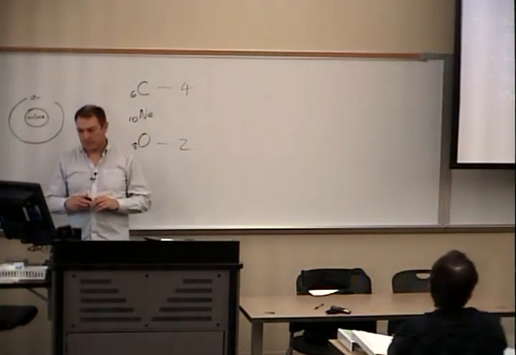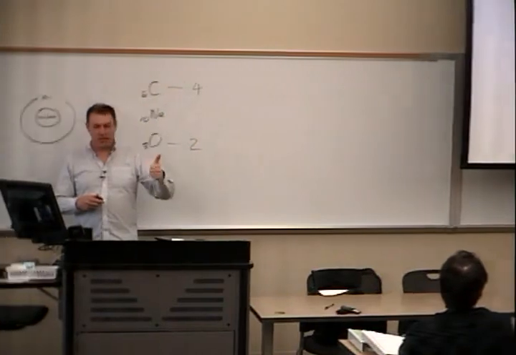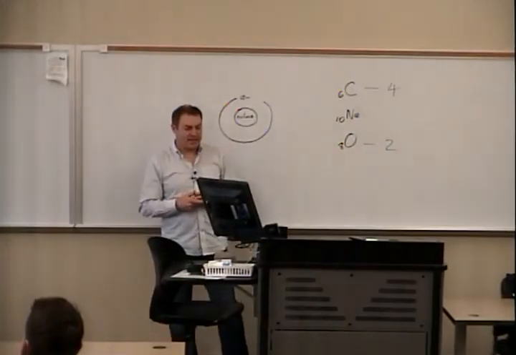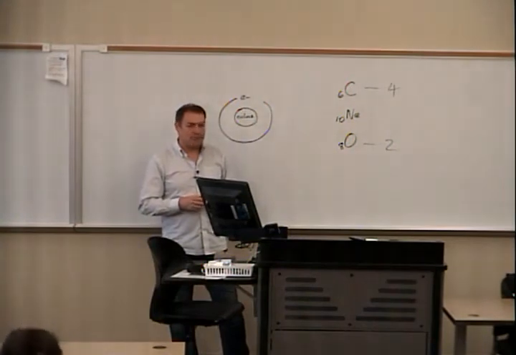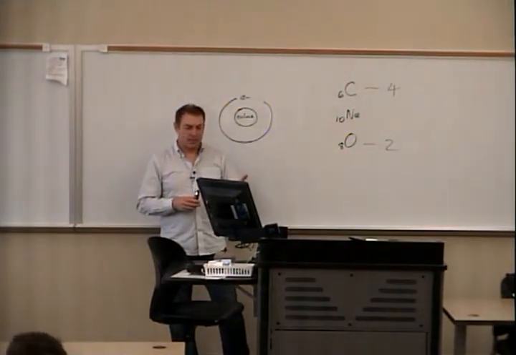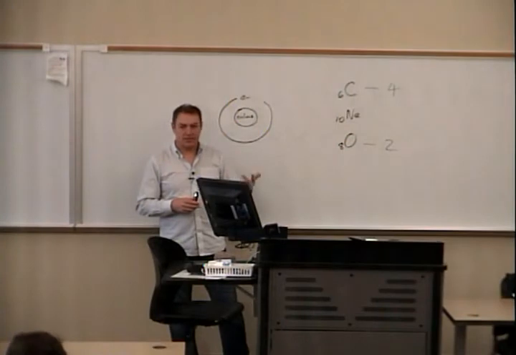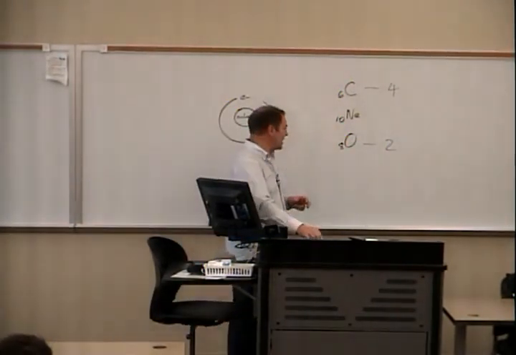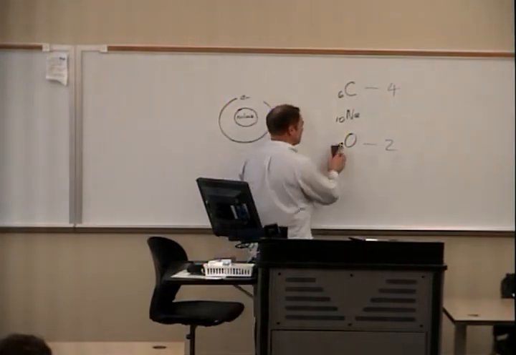Okay. All right, so first let's look at covalent bonds. So a covalent bond then is where a pair of electrons is shared by two atoms.